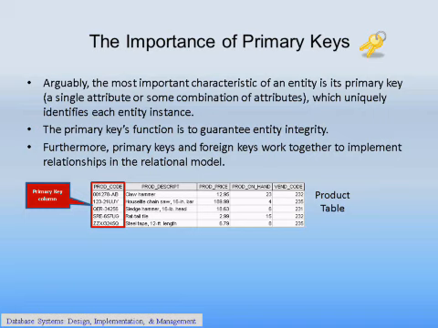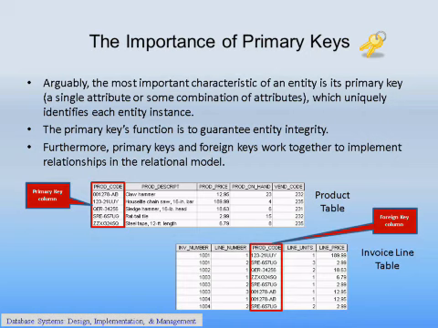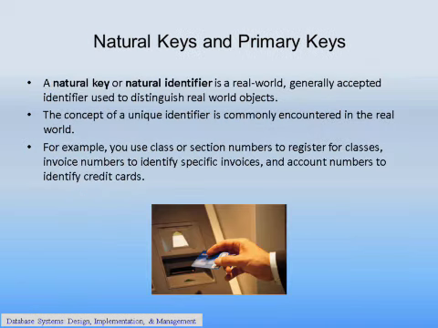Furthermore, the primary keys and foreign keys work together to implement relationships in the relational model. For example, the prod code column appears as a foreign key in the invoice line table and allows us to identify each product ordered.